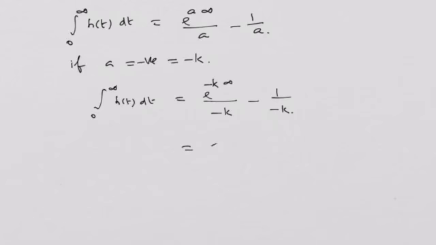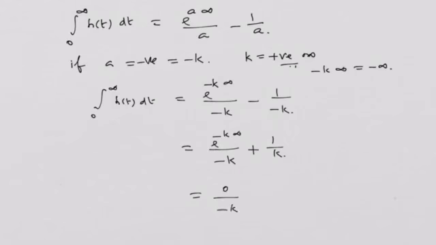So this equation will get reduced to e power minus k into infinity divided by minus k, plus 1 by k. Agreed? k is a positive number, as we have already told you. So minus k into infinity will lead to minus infinity only. So this is equal to e power minus infinity, which is 0, divided by minus k, plus 1 by k. You will notice that this reduces to a constant.